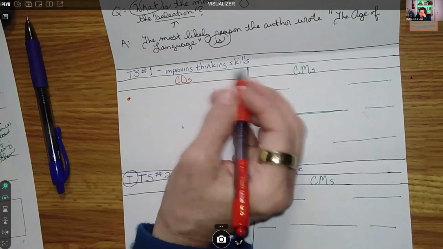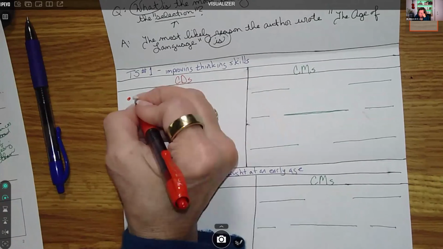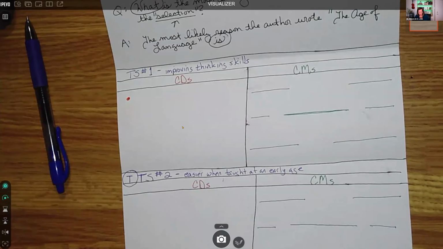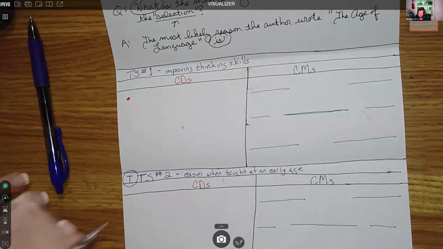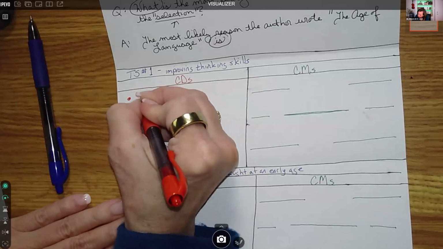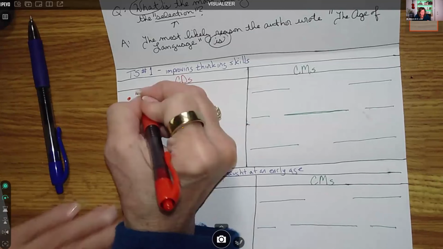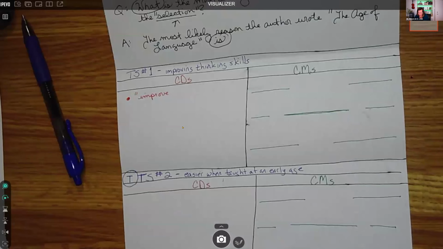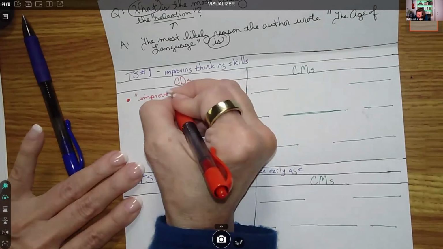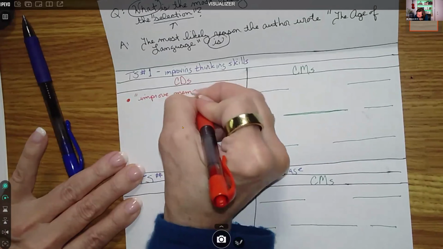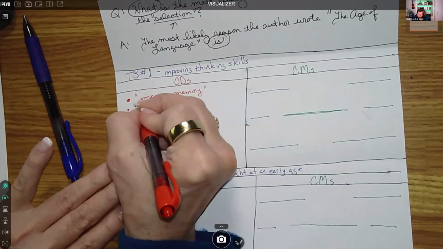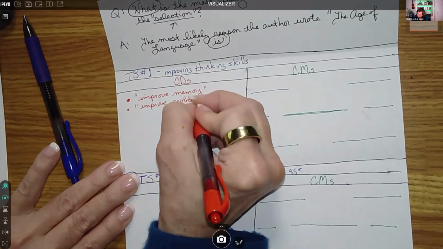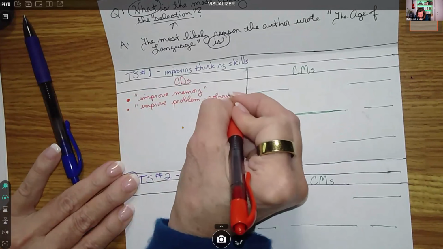If I were just going to talk about improving thinking skills, I would just pull my thinking skills information and I would write improve, and it comes right off of my notes, right here, that improve memory and improve problem solving skills.